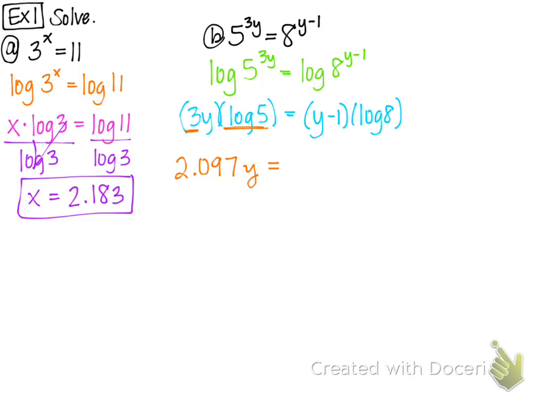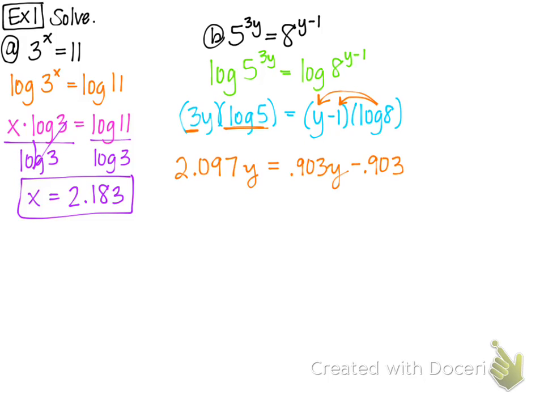And that's going to be equal to, now over here, we're going to have to use the distributive property. So we got to find out what log of 8 is, and then we're going to distribute to the y and to the negative 1. So, log of 8 in the calculator is 0.903. So for the first one, y times log of 8, we have 0.903y. Then we have minus, and log of 8 times 1 is 0.903.